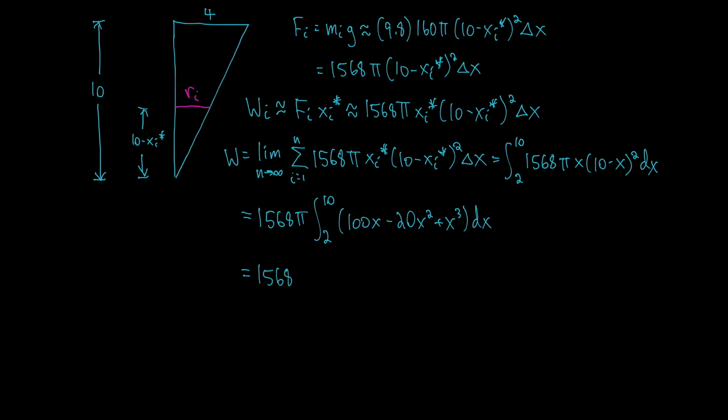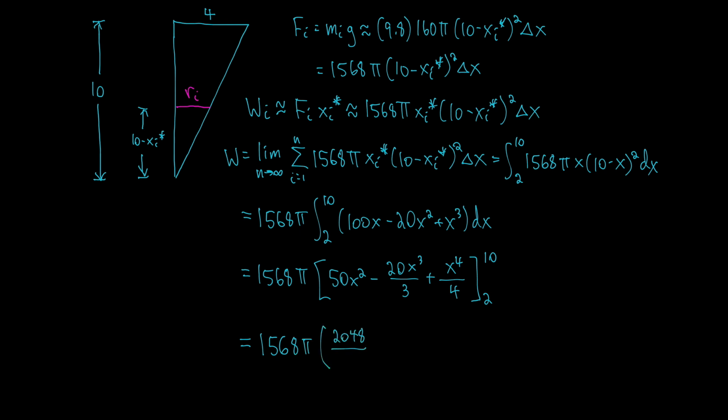We get 1568 pi times 50x squared minus 20x cubed over 3 plus x to the 4th over 4, all evaluated from 2 to 10. So we do our math. We get 1568 pi times 2048 over 3, which is approximately 3.4 times 10 to the 6 joules.